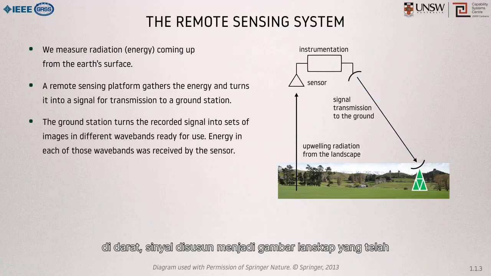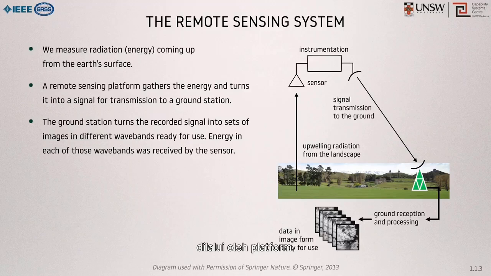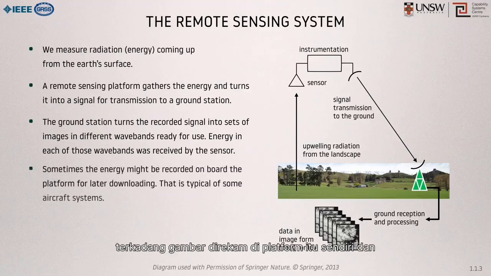On the ground, the signal is composed into the form of images of the landscape over which the platform has flown. Sometimes the images are formed and recorded on the platform itself, and then downloaded when the platform returns to the Earth's surface.